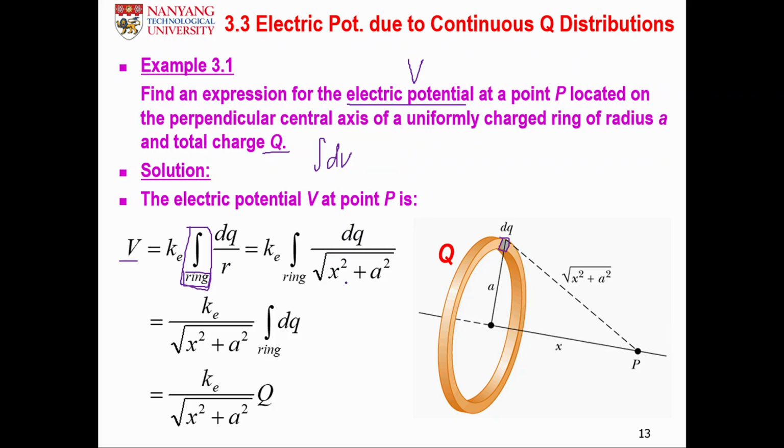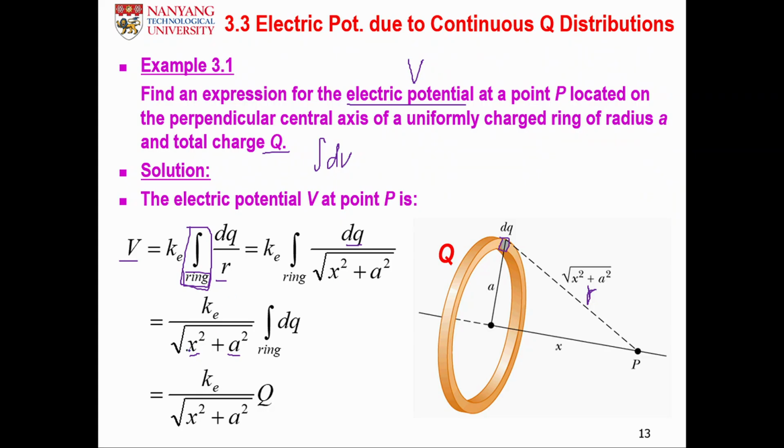Then we can move on. Here is dq, and this is r, in this case. This is r, right? So it's the square root of x squared plus a squared. And you can see all these x, a are constants in this case.